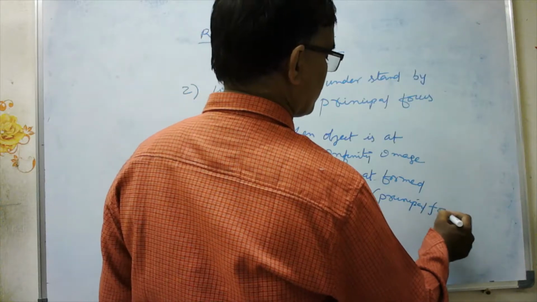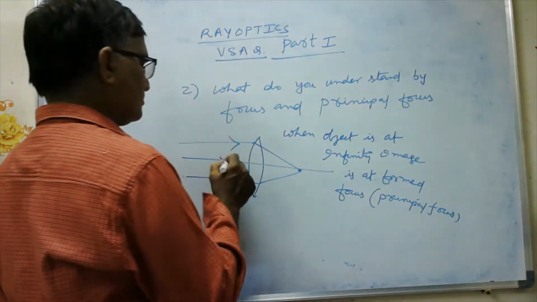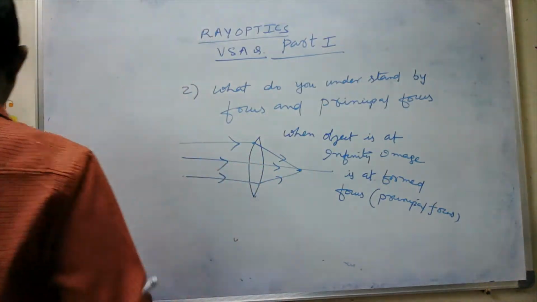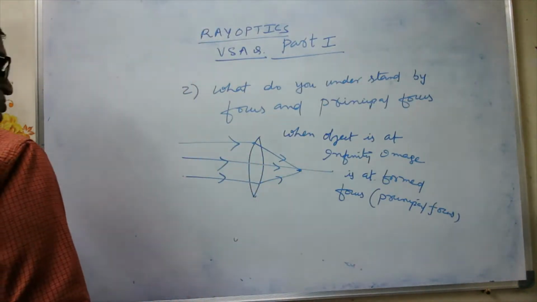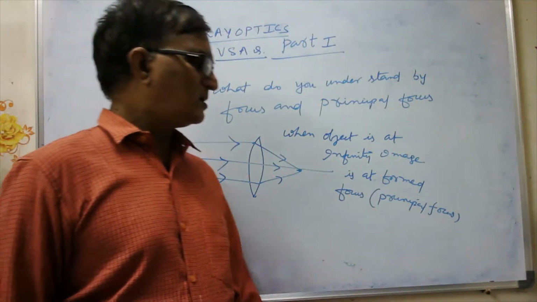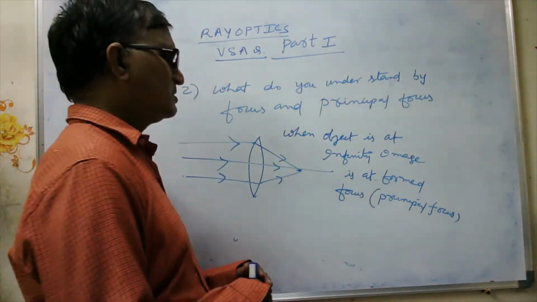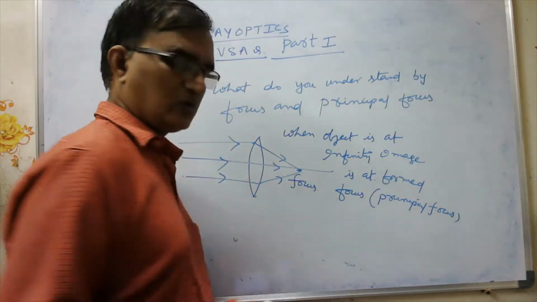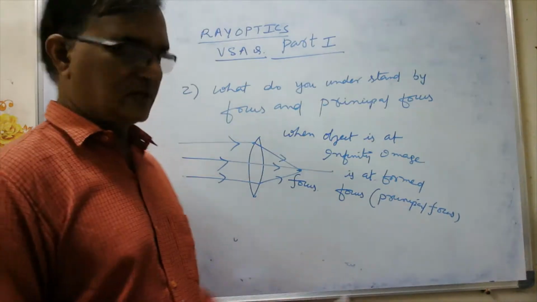With the help of a convex lens, you can observe, when a parallel beam of light is allowed to incident on a convex lens, the rays get converged at the focus, which is called as principal focus. Okay, this is the second question.